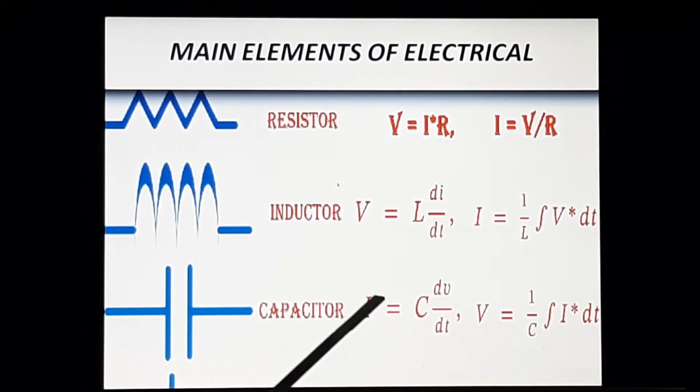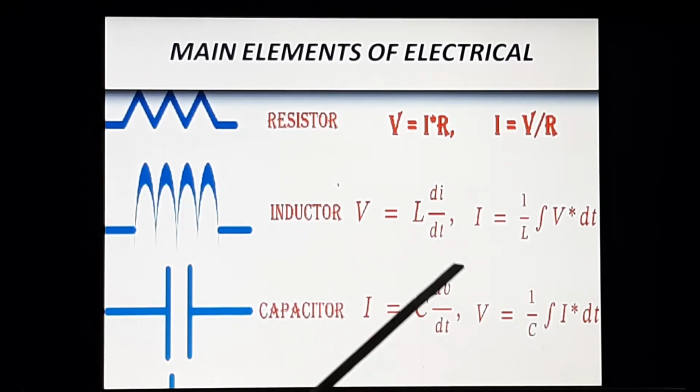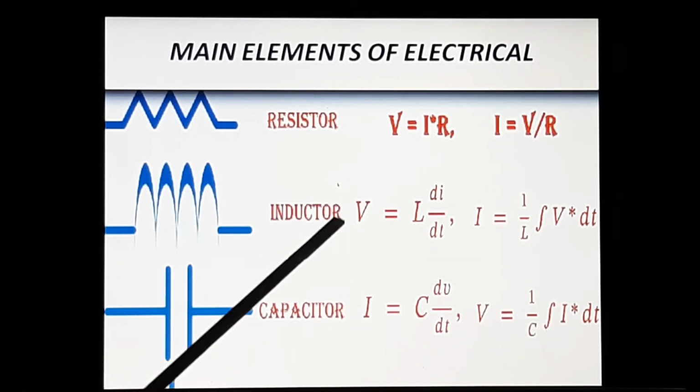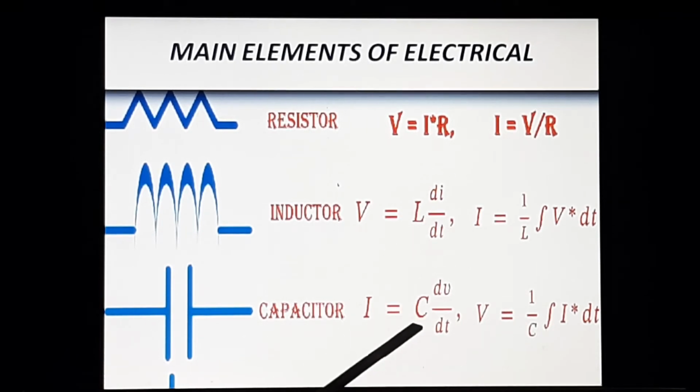Now in the capacitor, I is equals to C dV by dt. The same way I can write here V is equals to 1 upon C integration of I into dt, right? So you can see from this equation that mainly the differentiation and the integration is coming into the picture.